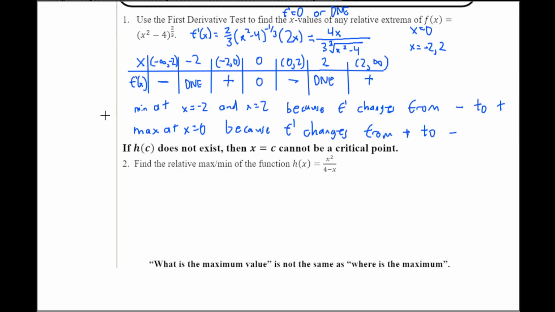So let's find the derivative here. H prime of x is equal to low d high minus high d low over low squared.